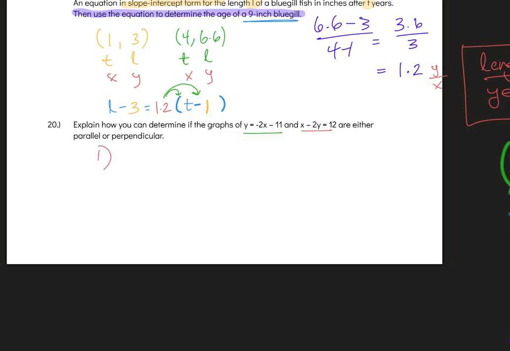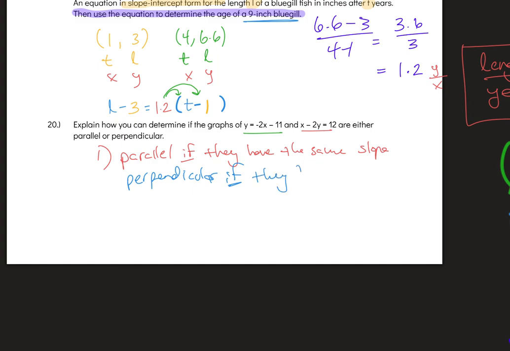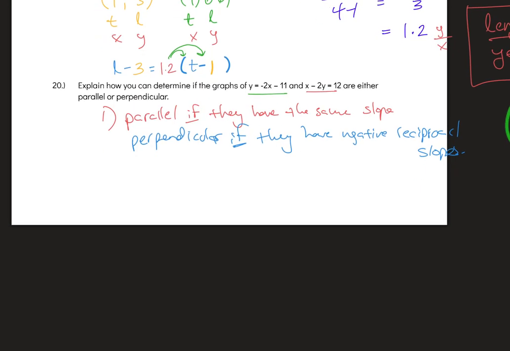One, we could just say they're parallel if they have the same slope, and then they're going to be perpendicular if they have negative reciprocal slopes.